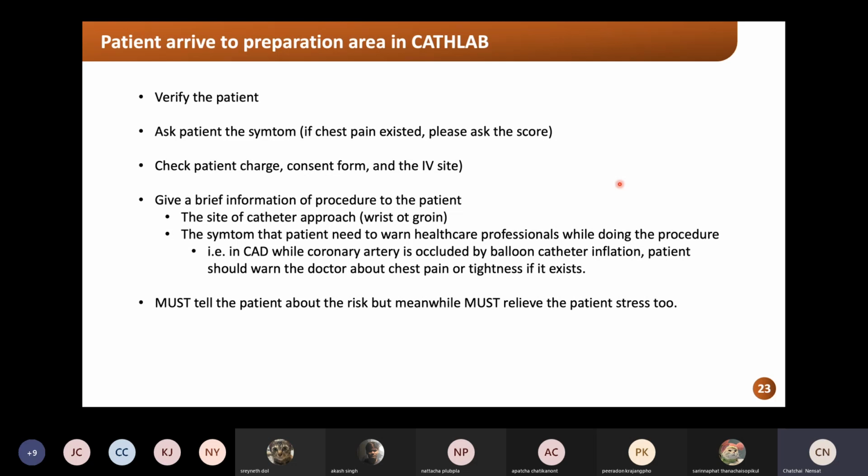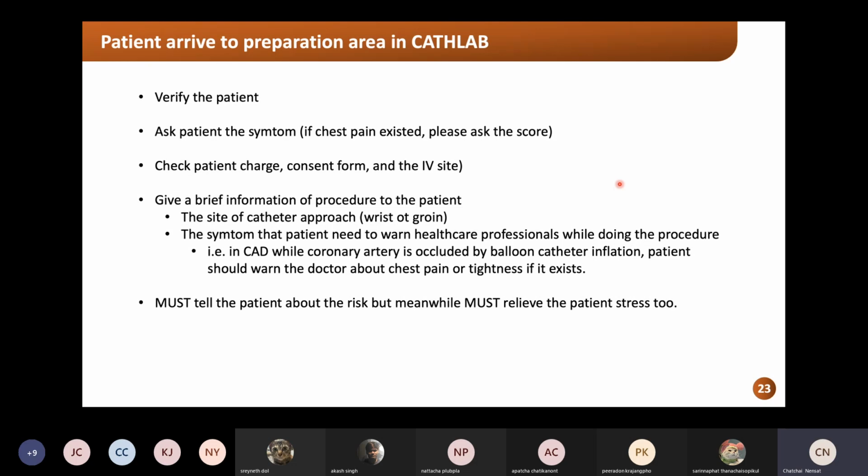And you have to check the patient chart as well, the consent form, and the IV site, that the nurse opened the IV site in the appropriate arm. I think it just depends on the hospital.